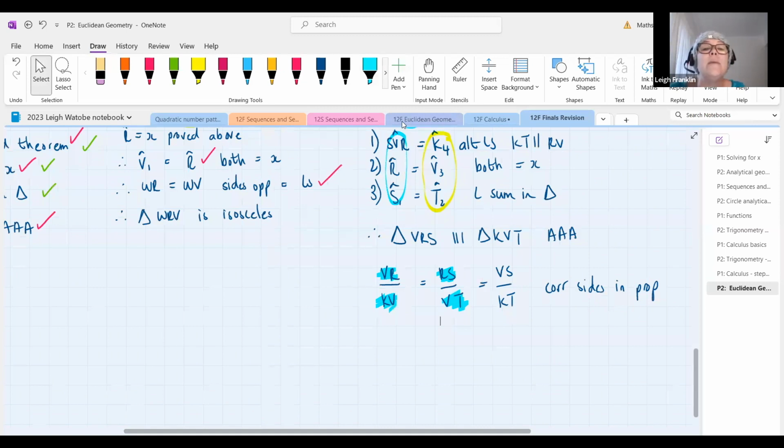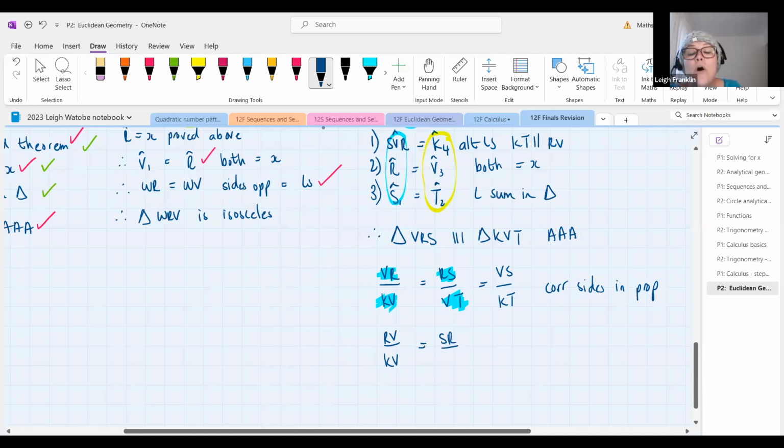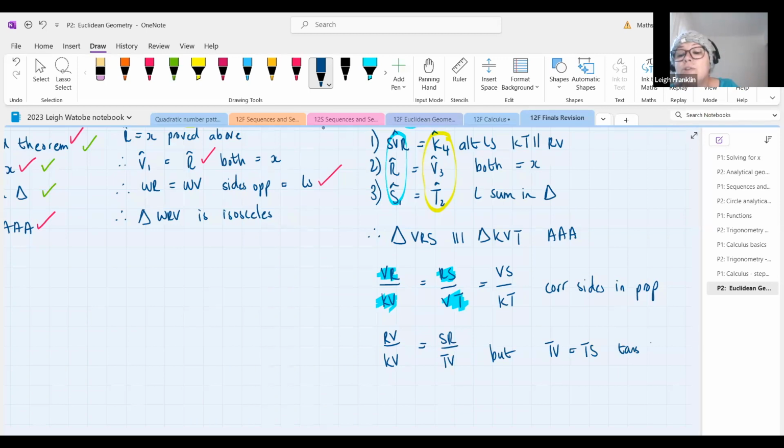Okay, so now I'm going to say here that RV over KV is equal to SR over TV, but TV equals TS. Okay, proved above, or tangents from the same point. Again, don't have to say the same reason again and again.